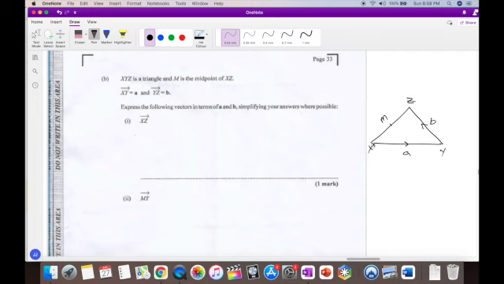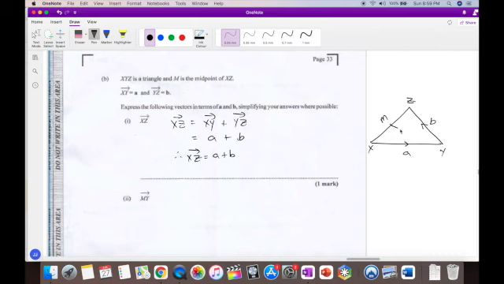XZ. So if I want to go from X to Z, I have to go from X to Y and then Y to Z. So XZ is equal to XY plus YZ. So XY is A plus YZ is B. So therefore XZ is equal to A plus B. MY.